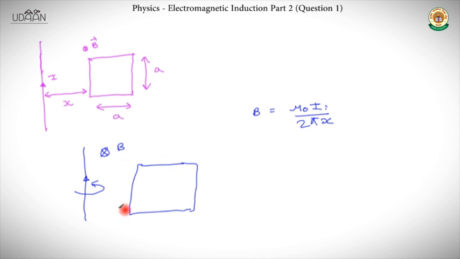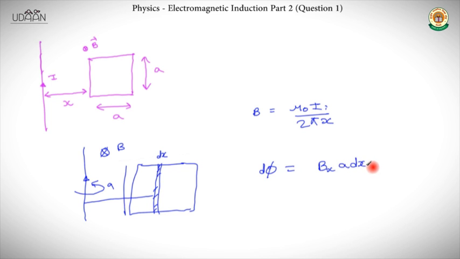So if we take a small area at a distance x from the wire and of width dx, this area would be a into dx. And the flux linked with this area would be B of x into a into dx.